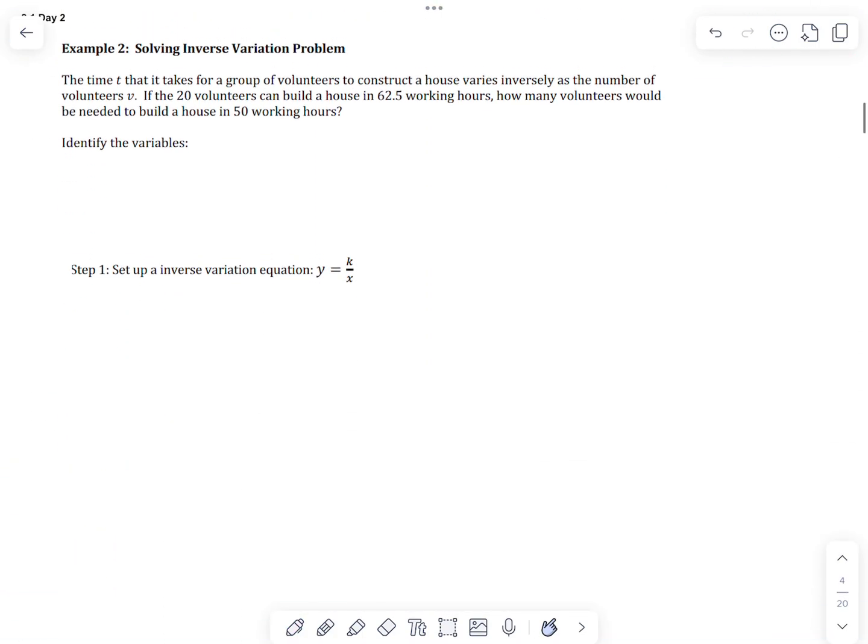Okay, example 2. The time t that it takes for a group of volunteers to construct a house varies inversely as the number of volunteers v. So we're going to set up our inverse variation equation. The time t varies inversely with the number of volunteers v.